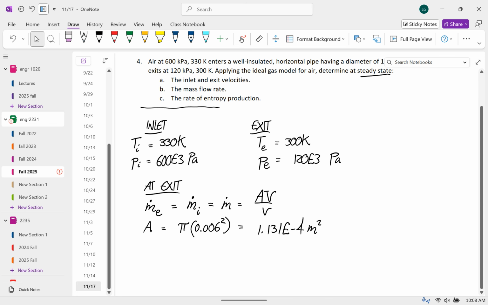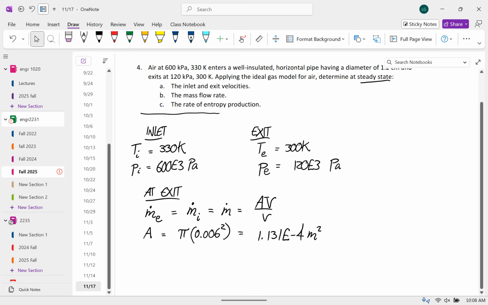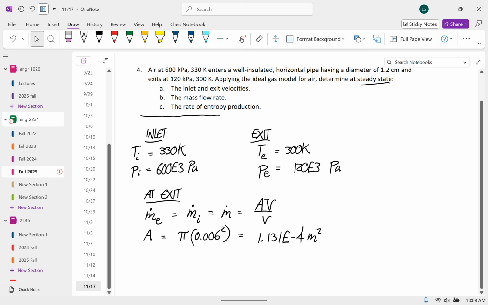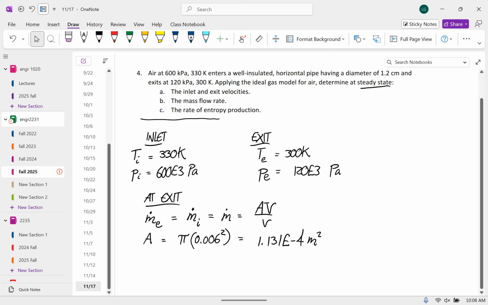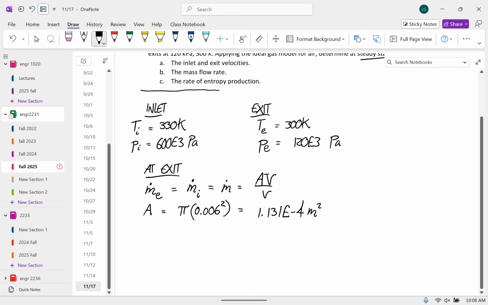And the specific volume we can use the ideal gas law.